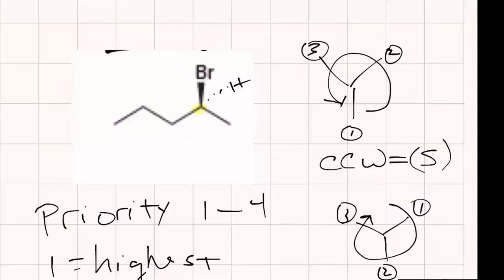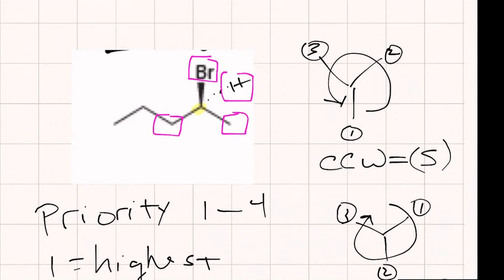The one highlighted in yellow. Hydrogen, bromine, a CH3 over here and a CH2 over here. Everybody agree with that? Yes. Okay. So now let's figure out the priority of those groups, and then we're going to determine the configuration of this center.